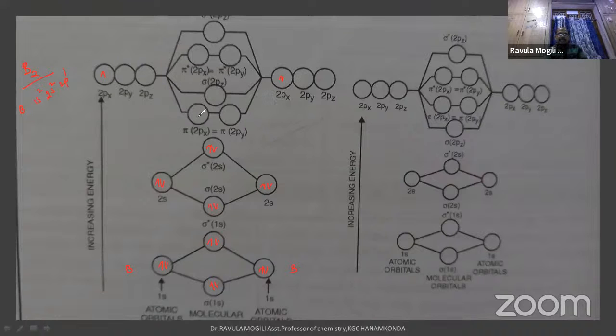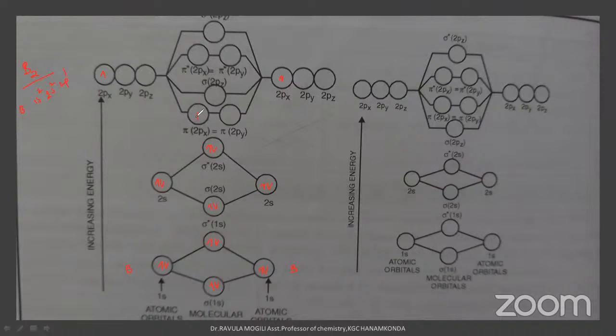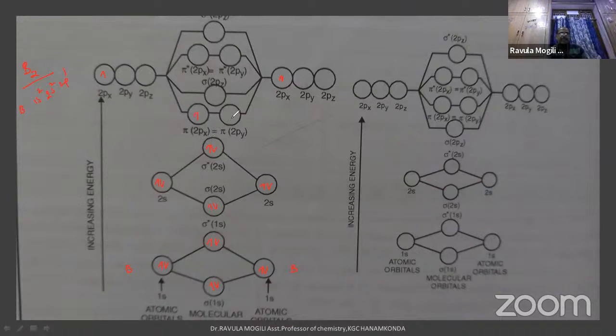These 2 electrons enter pi 2px and pi 2py. These 2 electrons are not filled in a single orbital, because these 2 orbitals have the same energy. So each orbital is filled with 1 electron.